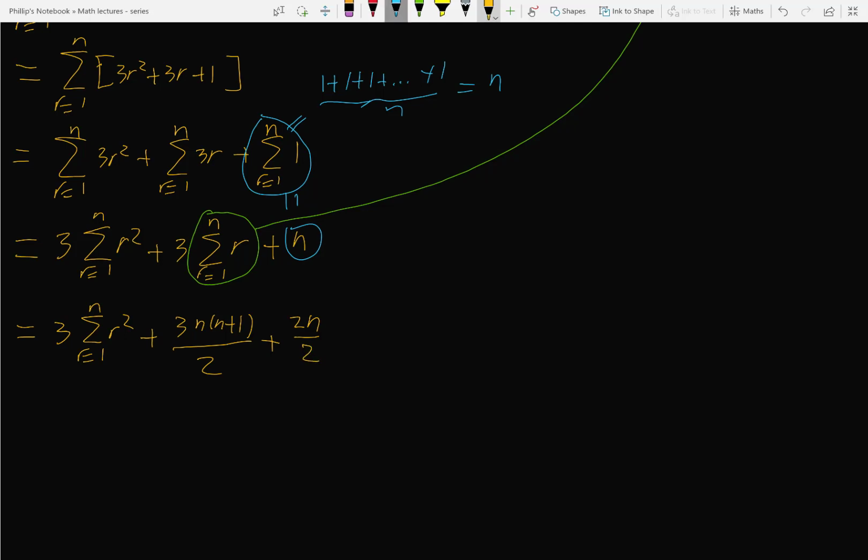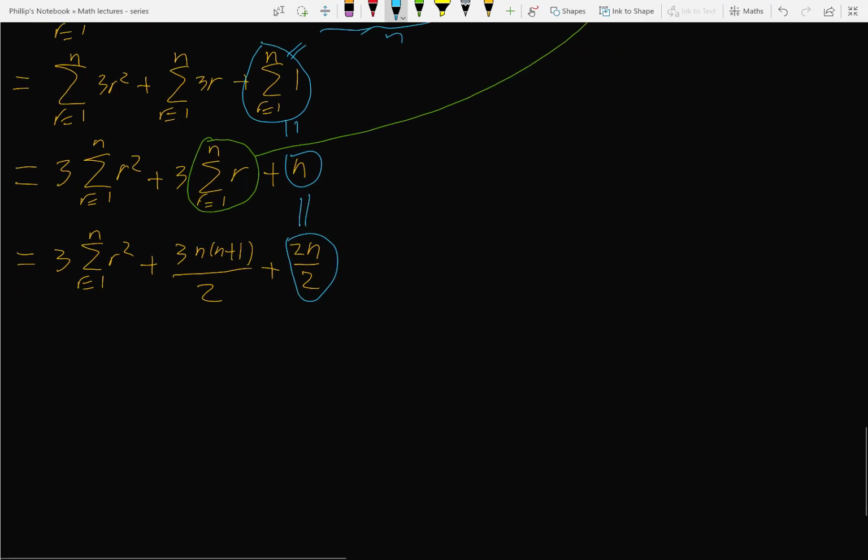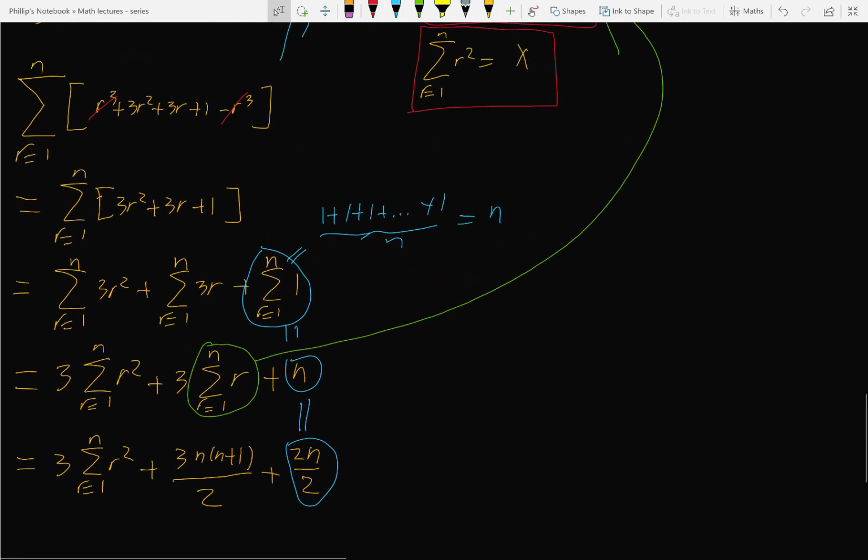This is just me rewriting it as over 2 so I can add the fractions up. So now we've got an equation involving what we want to find out, which is the sum of r squared. We've got an equation involving it just from doing the addition and scalar multiplication of a finite series.